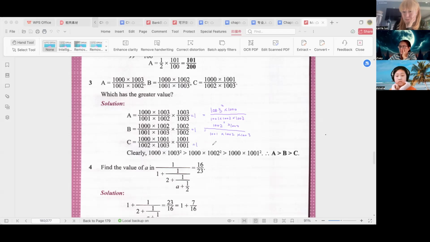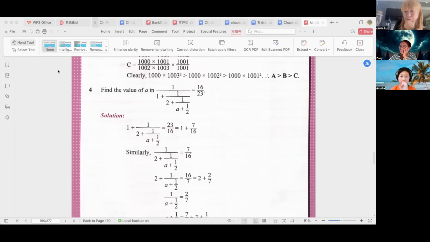And the last one is still 1, so let's make this the same. It's 1,001 squared times 1,000. So very obviously, which one is the biggest? A is the biggest, and C is the smallest. Get it? Yes. Amelia, do you understand? Yes.